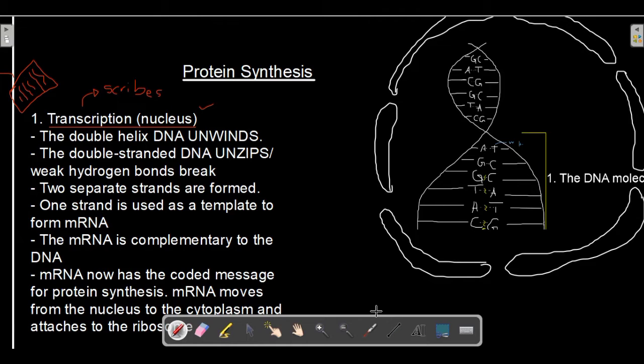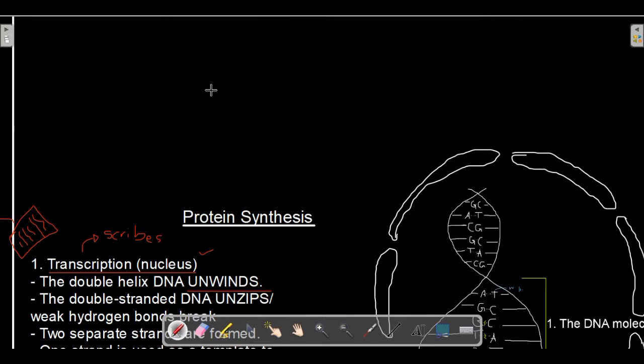Because what happens is that we have DNA, and we know that it has this double helix. The first thing that happens is that it unwinds. By unwinding, guys, we basically mean that it untwists.